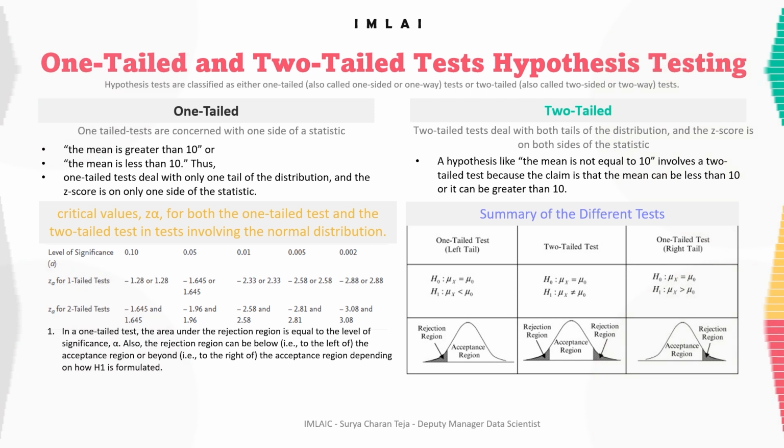As stated earlier, the two-tailed test consists of two regions, one on the left side of the acceptance region, the other on the right side of the acceptance region, and that you can clearly see on the screen here.